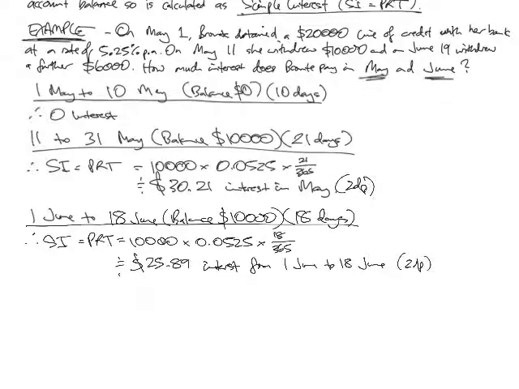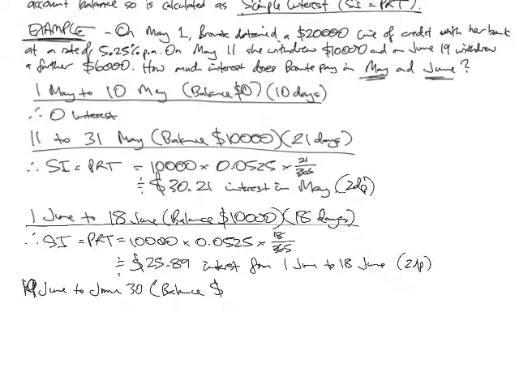And we still need to work out how much interest she needs to pay for the rest of June, because she pays interest at the end of the month. So 19 June to, let's work out how many days in June. January, February, March, April, May is on a knuckle. June is between knuckles, so it's June 30. The balance is going to be however much she's used so far.